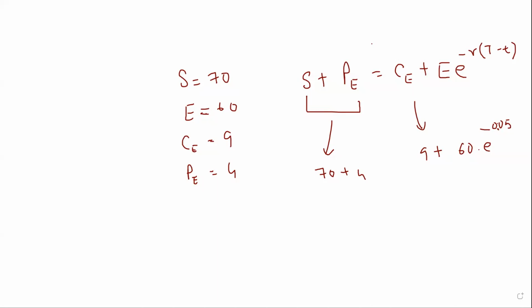So if I am assuming that this is an annual interest rate, that's 1. Correct? So now the question is, is 74 greater than or less than this 9 plus 60 by e to the power 0.05?